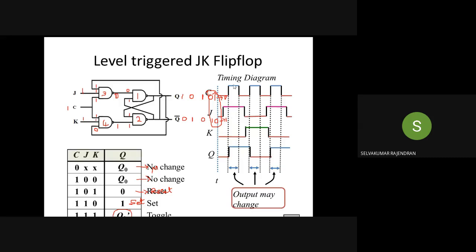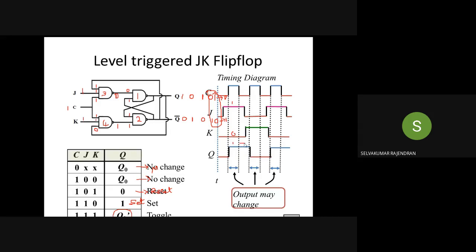So during this time period, J equal to 1, K equal to 1, output Q goes to logic 1. When J equal to 1, K equal to 0, output Q will be 1. So 1, 0, output is 1.